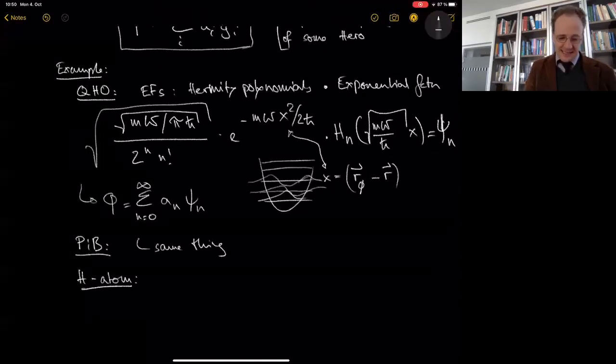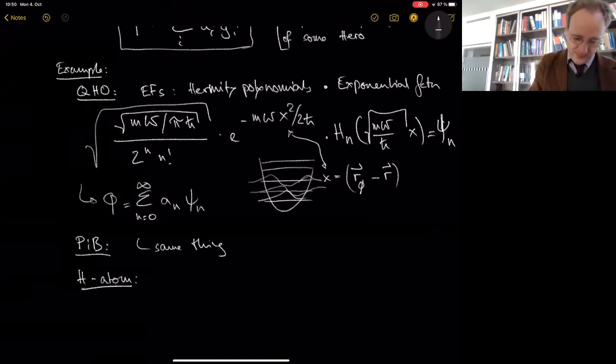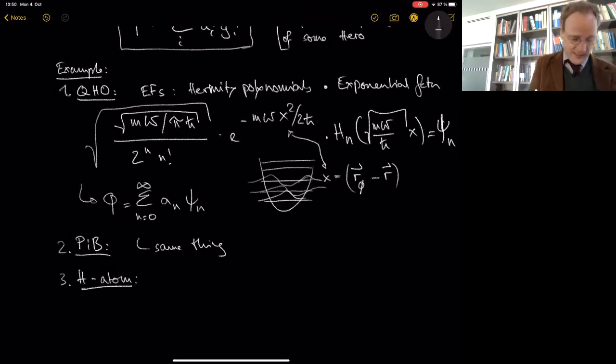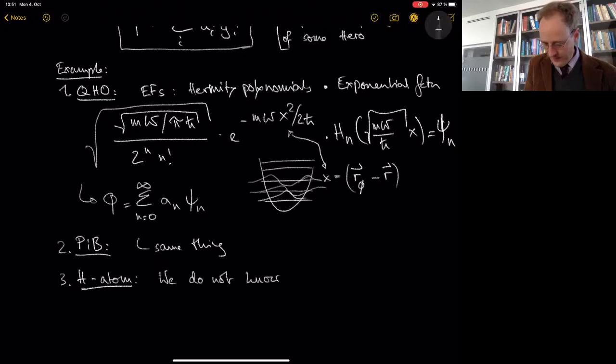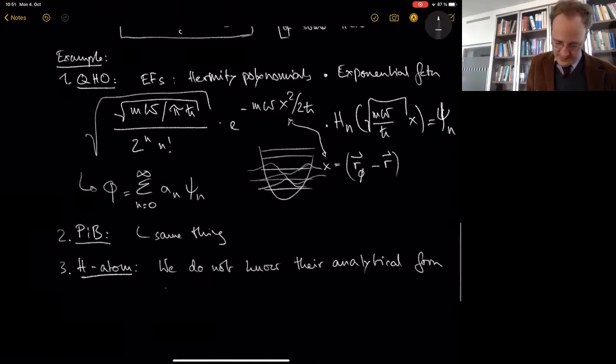Now, there's a nice example. Let's say example 1, example 2, example 3. So for the hydrogen atom, we do not know the analytical form in the continuum.